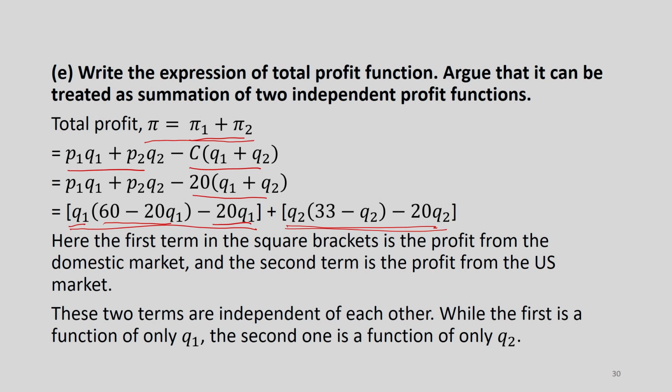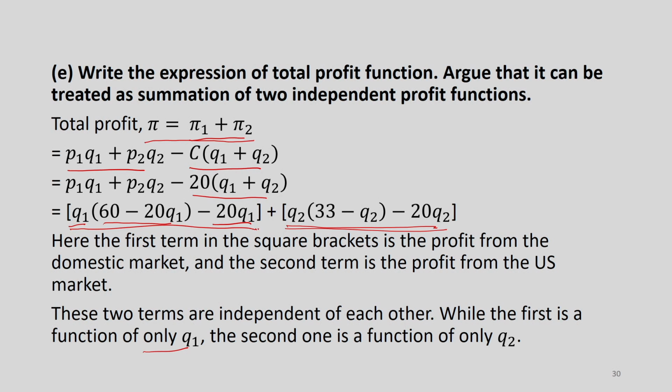While the first is a function of only Q1, the second one is a function of only Q2. So, the interesting part of this problem is that the total profit which the firm is obtaining by selling the goods in two different markets is a completely decomposable function.